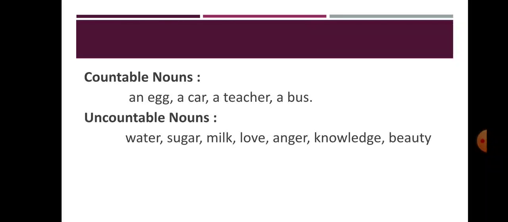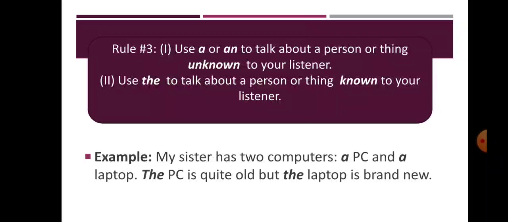If you think about it, you cannot say I drank 4 waters or I want 8 milk. It doesn't make any sense, isn't it, children? So the rule is you can only use a and an if you are talking about one person or one thing. Got that? The article the can be used with all kinds of nouns, singular, plural, countable, uncountable, everything.